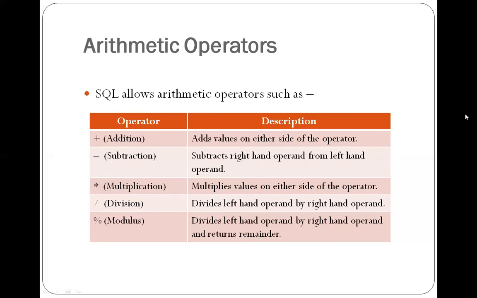In addition, it adds values on either side of the operation. That means it adds the values of two or more operands and stores the result in another operand. Like that, subtraction subtracts one operand from another and stores the result in another operand.